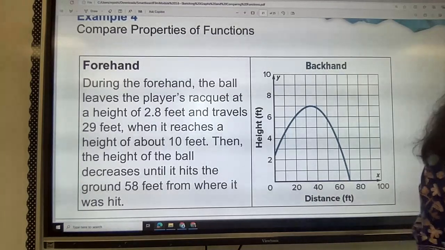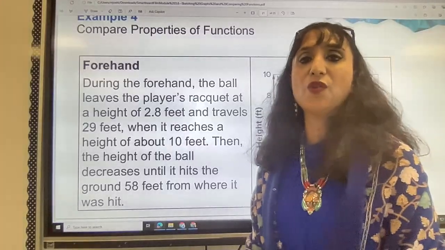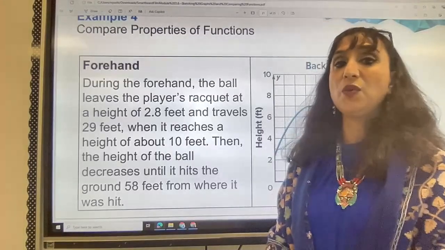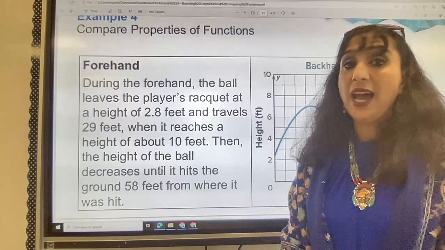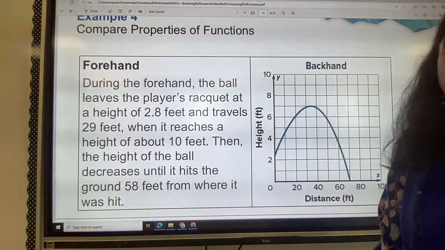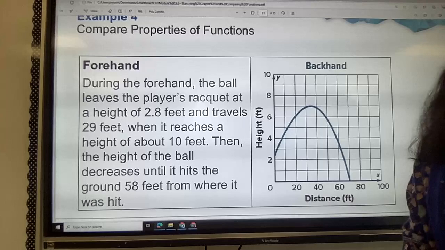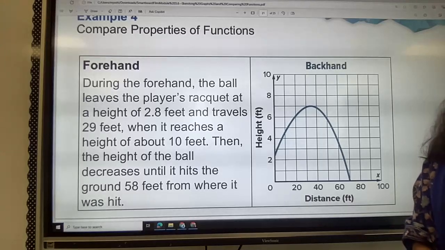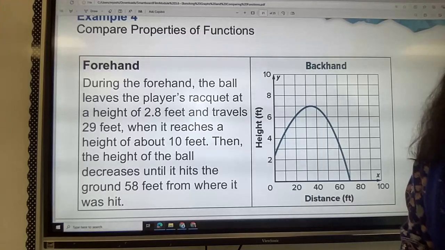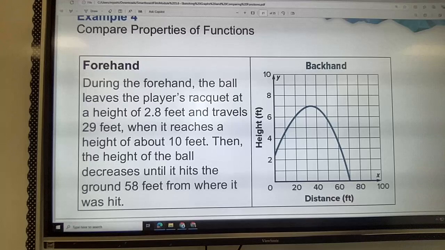It's saying, during the forehand, the ball leaves the player's racket at a height of 2 8/10 feet and travels 29 feet when it reaches a height of about 10 feet. Then the height of the ball decreases until it hits the ground 58 feet from where it was hit. And then let's look at the graph of the backhand.